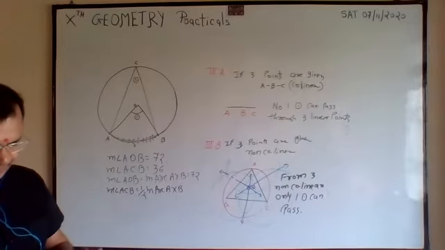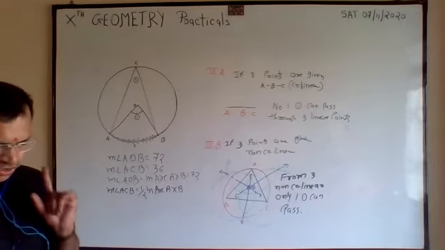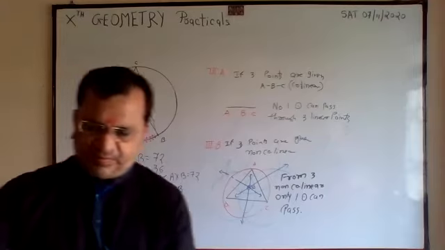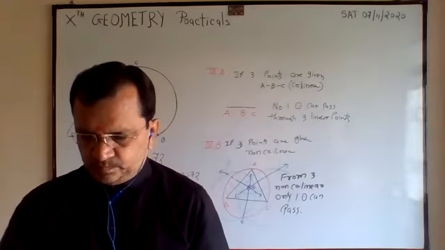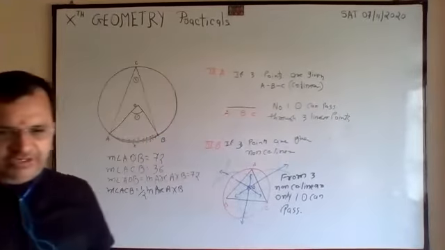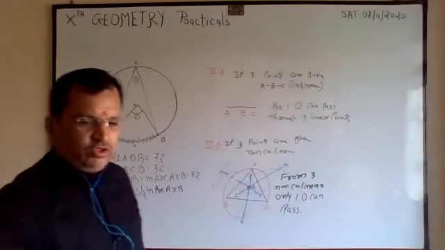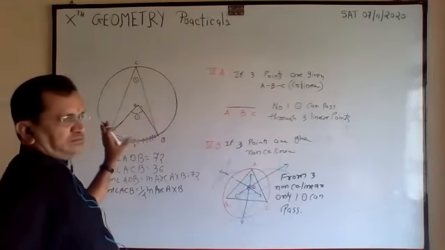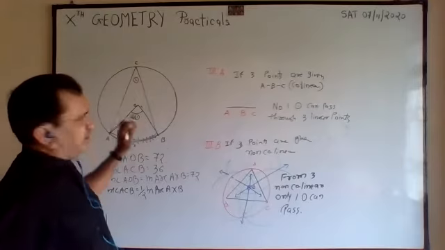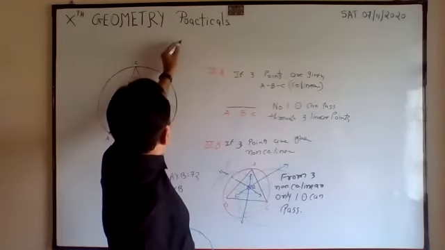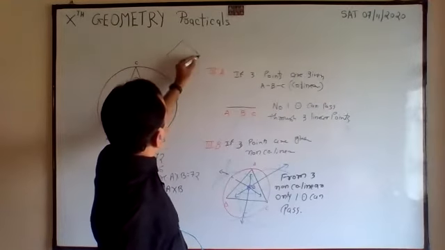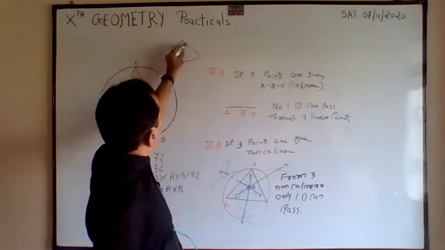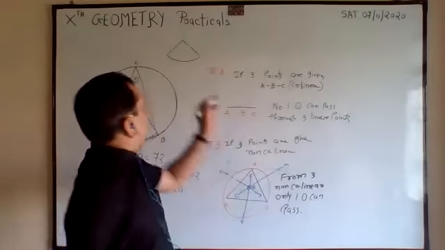Page number 36. What will you do? You will cut this much part on a paper. So this will be like this arc. Okay, now fold it.